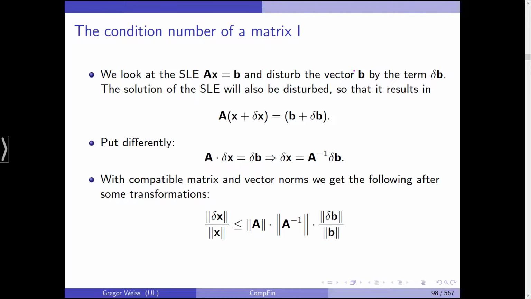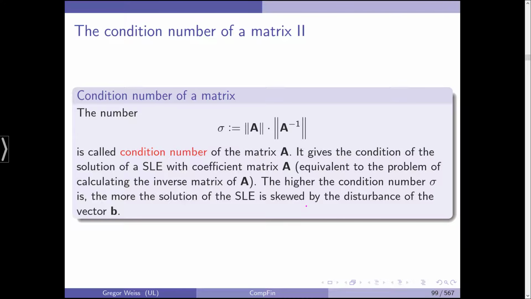As a result, the norm of A times the norm of the inverse of A, so actually this part here, is what scales the relative input data error up or down. So this is the condition number.